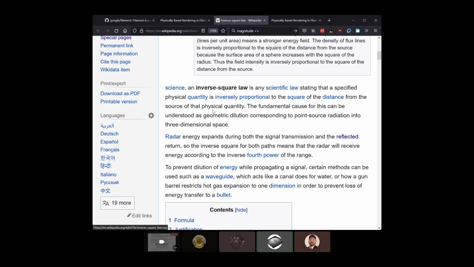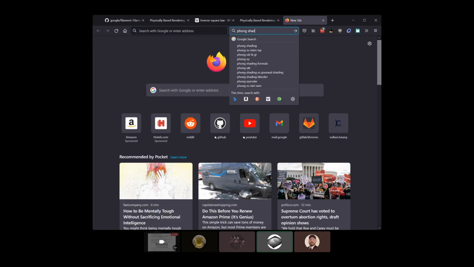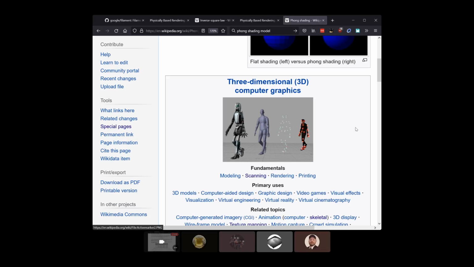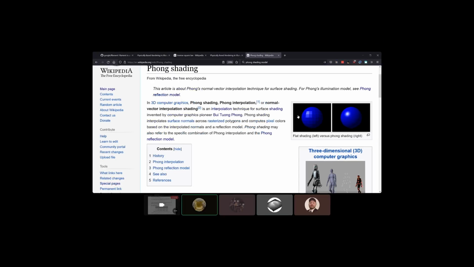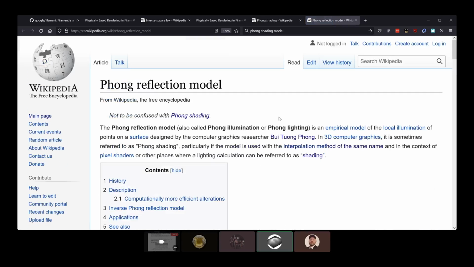I mean, that's what Phong, like if we look at the Phong shading model, which is not the same as the Phong BRDF. No, I think it is the Phong BRDF. The Phong reflection model is per pixel lighting. Oh yeah, it's the interpolation. Okay, yeah. Wait, shit.